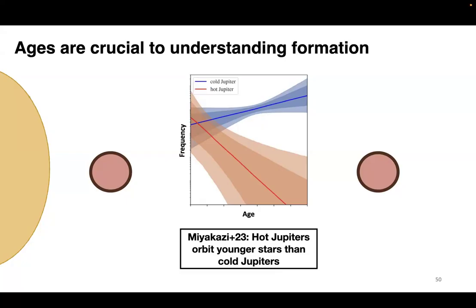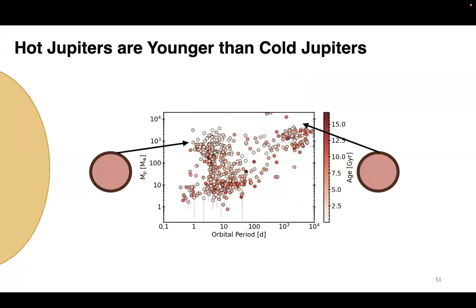And there have been a couple of other papers that have come out more recently that are observing the same thing. And so I was interested to see if we see the same thing in our sample. This is the plot I showed you right at the beginning, actually. It's just the mass and the period. But you can see, even just from color coding these stars with their age, that the cold Jupiter host stars, which are in this right-hand plot, look like they are older on average than these hot Jupiter hosts.